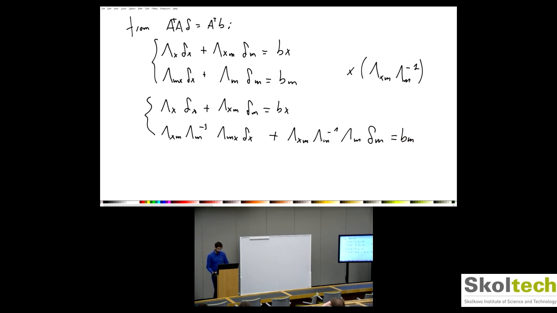Okay, so the first thing that we see is that this simply goes away. As I said, the intuition here is that what we are trying to do is get some sort of Schur complement, so that's why I'm multiplying by this thing. And you see that things start looking like this.